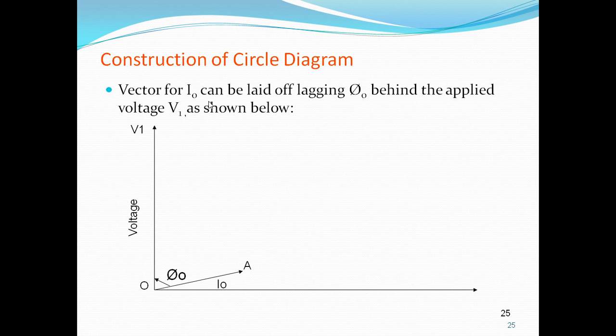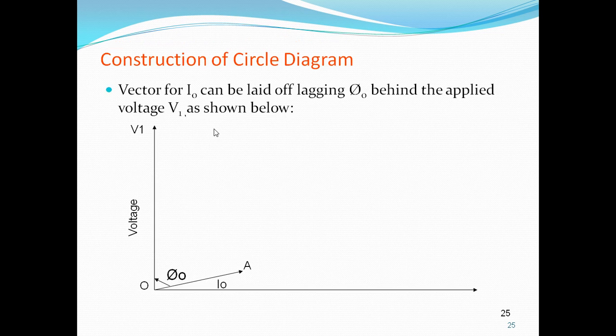So the vector for I naught lags phi naught behind the supply voltage V1 as shown in the figure below. First we have to draw by taking graph sheets.